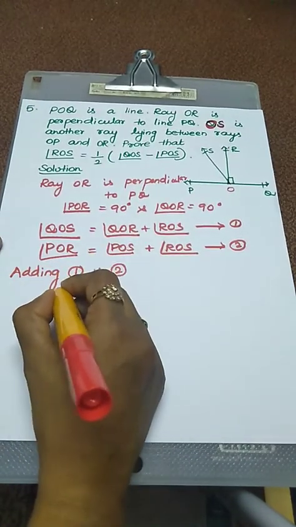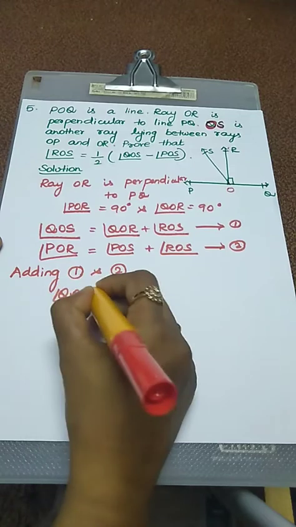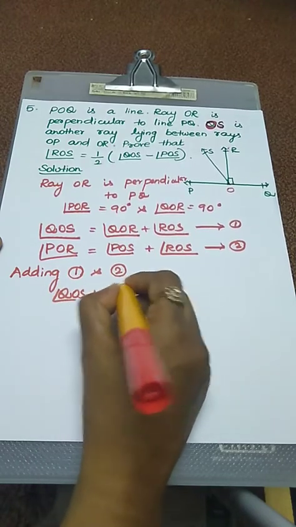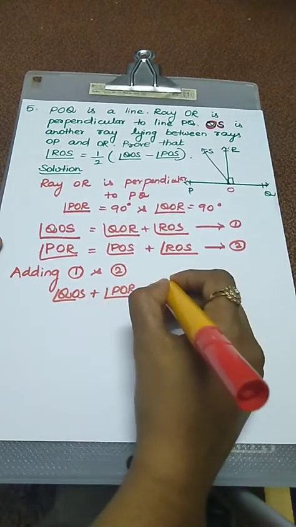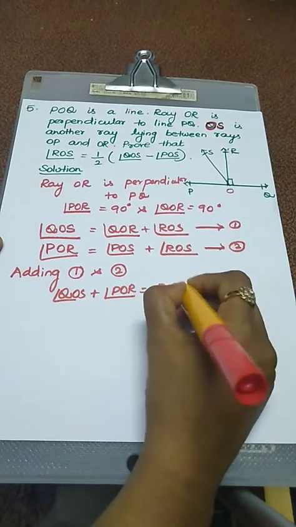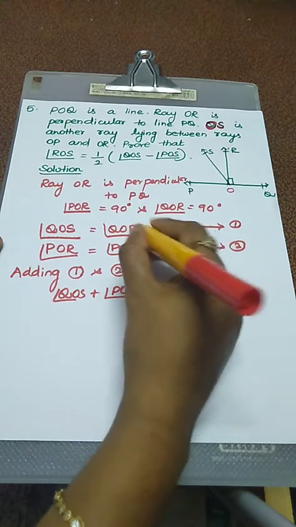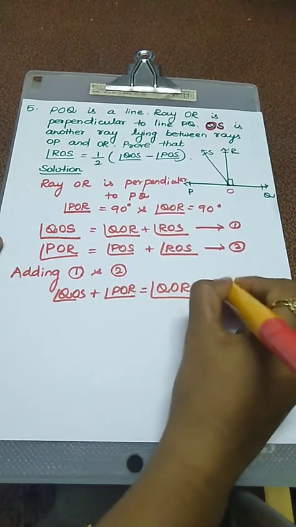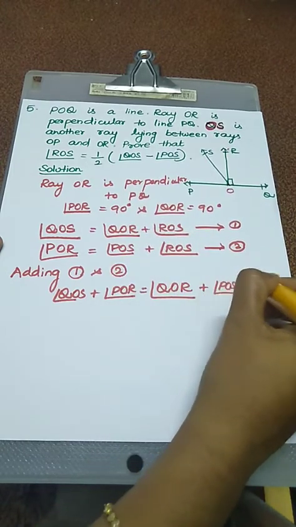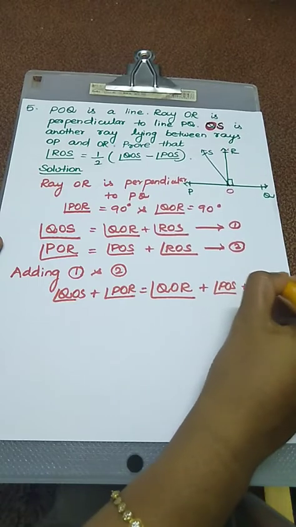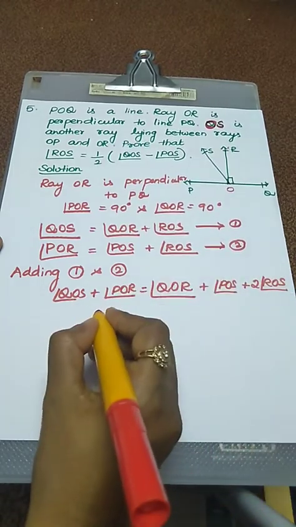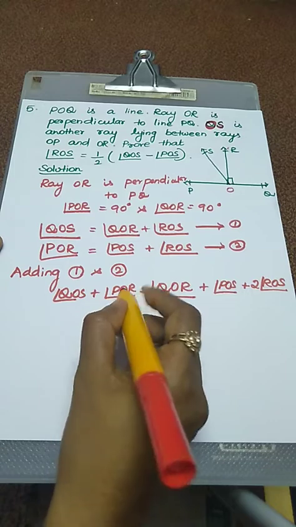So how can we write angle QOS plus angle POR is equal to QOR. Actually we have two ROS now, so QOR plus angle POS plus 2 angle ROS. Okay, now we have to write the POR value.